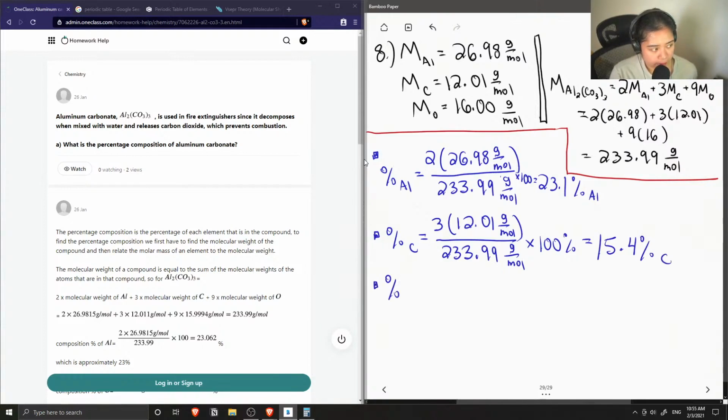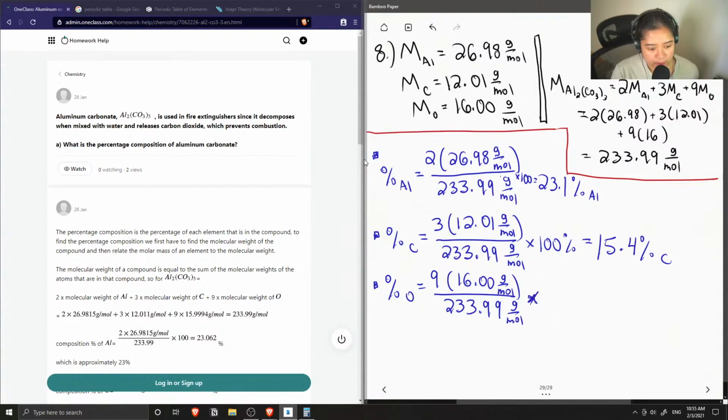And now let's calculate the percentage of oxygen. So there are 9 oxygen atoms, and the molar mass of oxygen is 16. And then we divide by the total molar mass, which is 233.99.